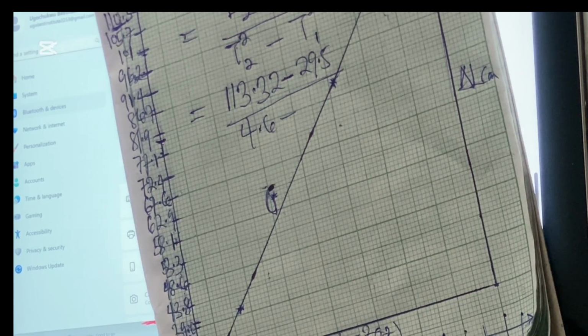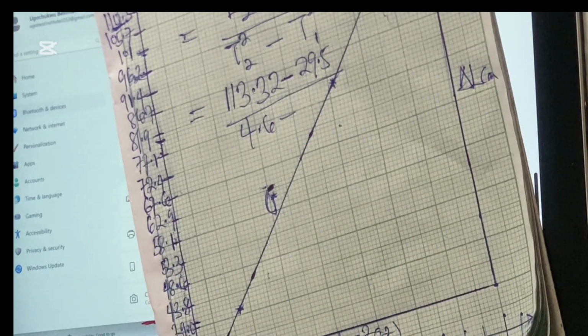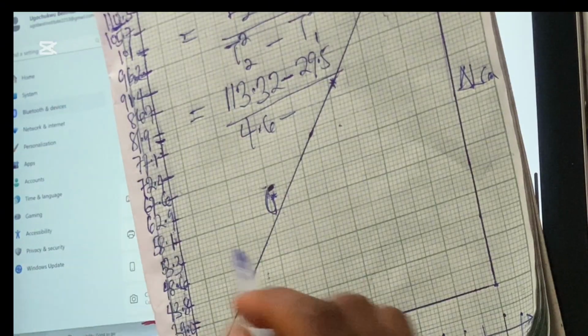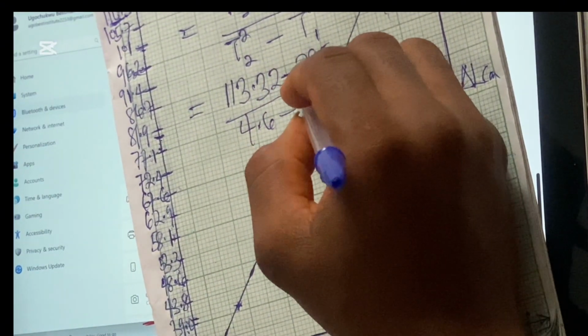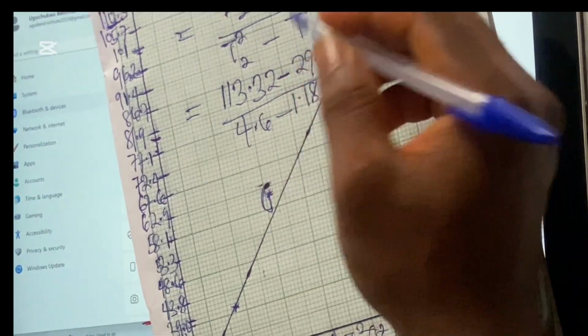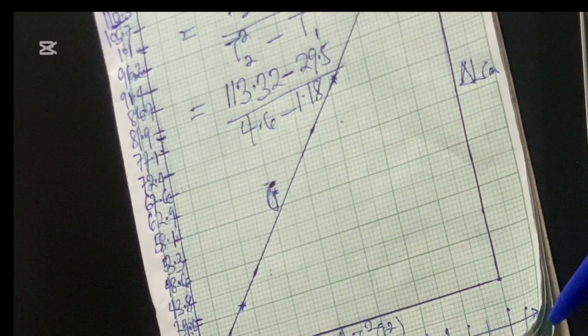So this part here is 0.18, but remember, 1 plus that will give us 1.18. So here will give us 1.18.